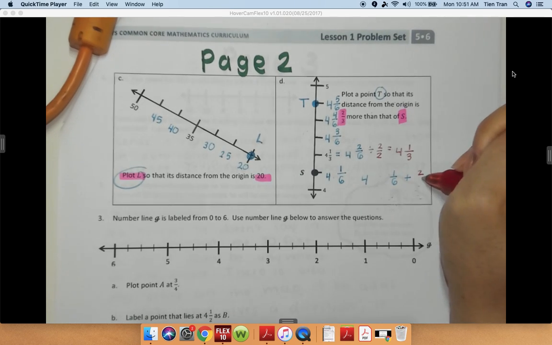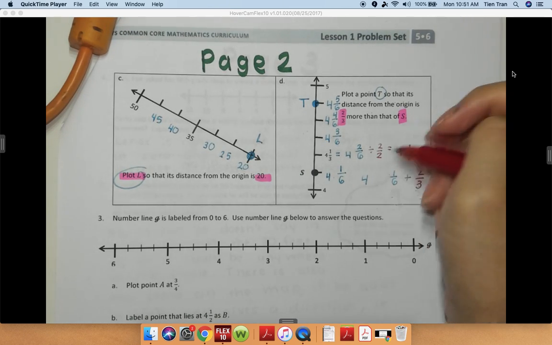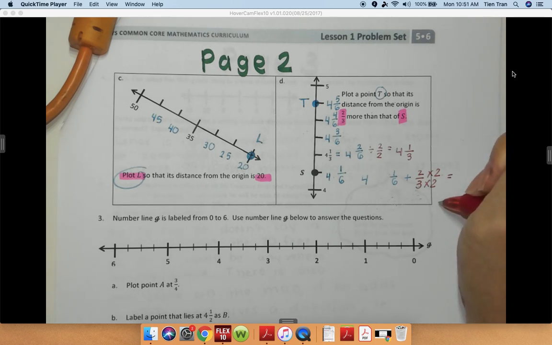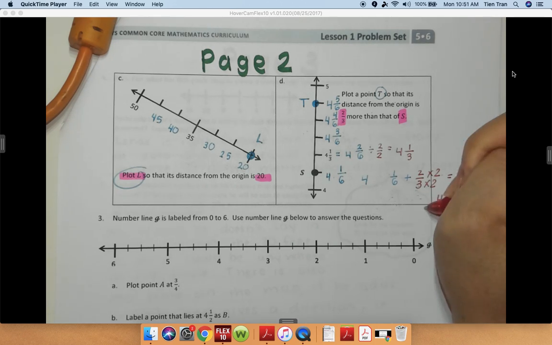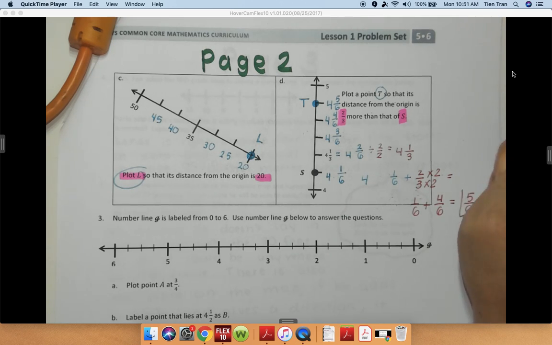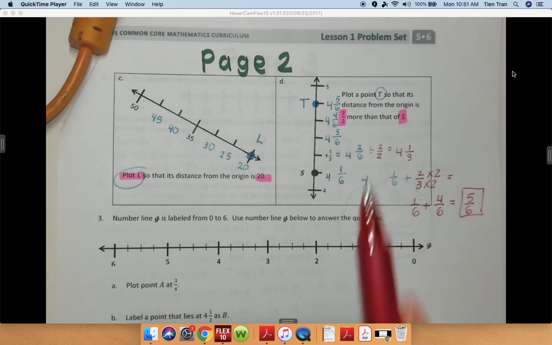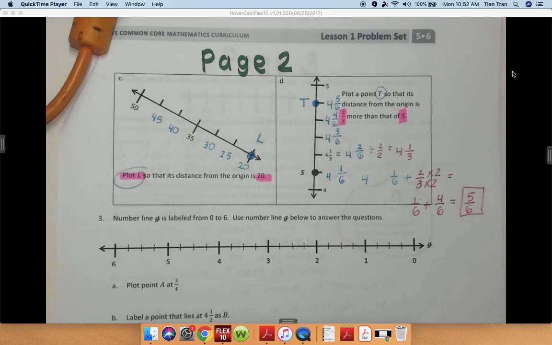So I'm supposed to multiply 2/3 on this side times 2 times 2, which gives me 4/6 plus 1/6, which equals 5/6. Okay, so that means that is 4 and 5/6, and that's why I put 4 and 5/6 is where T is.